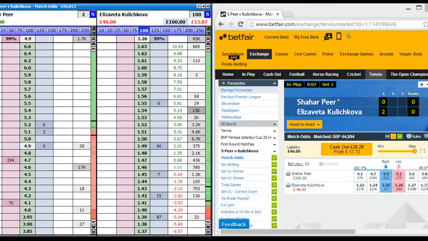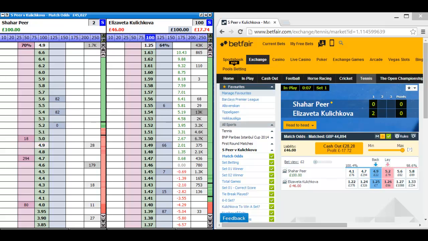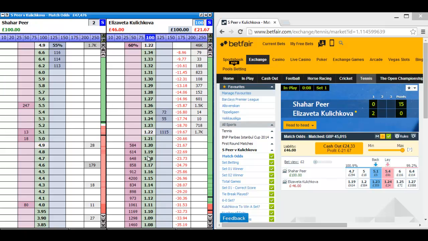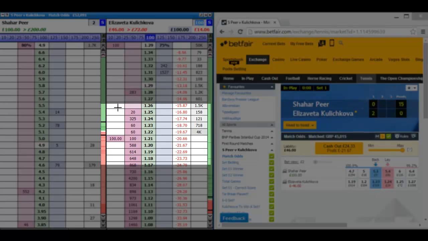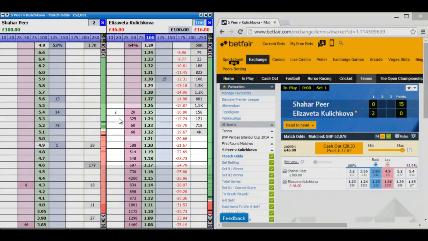We can see here that if the favourite Kulichkova actually breaks serve, then we will lay her again. So that's what we've done. The favourite has in fact broken serve, so we're laying for another £100.